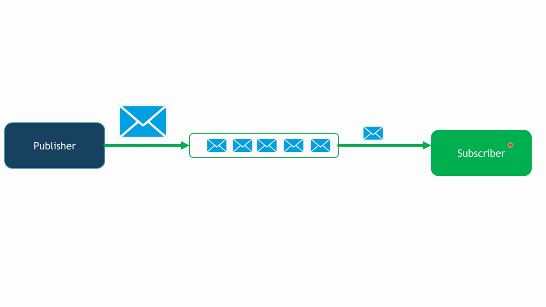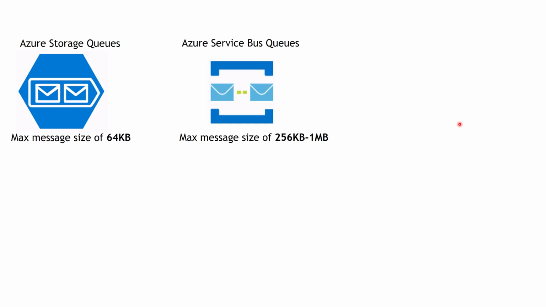Now let's have a quick look at the limits on the different Azure Service Bus technologies. The first one is Azure Storage Queues, and the maximum message size it supports is up to 64K. For Azure Service Bus Queues, the maximum message size it supports is between 256K and 1 megabyte based on your tier.